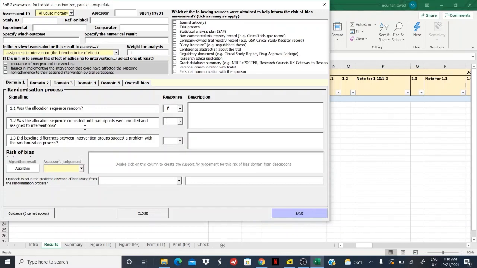So let's say I randomize the first patient to enalapril and the second patient to sacubitril valsartan, right? Now, is the doctor who's enrolling patients going to know ahead of time that the next patient is going to get enalapril and the patient after him is going to get sacubitril valsartan?